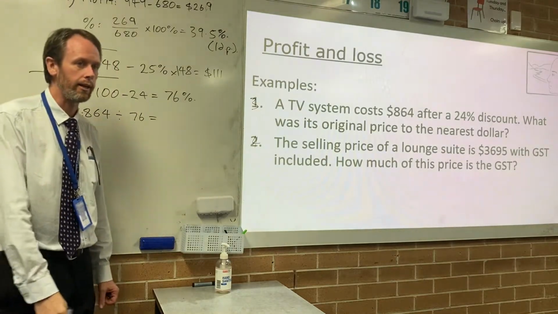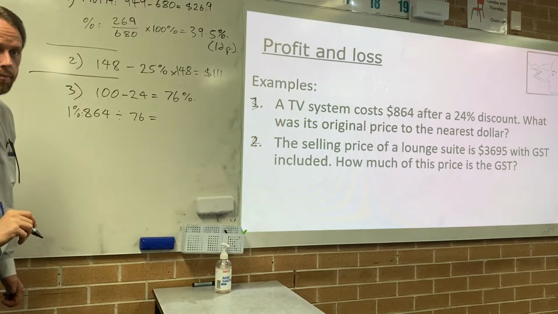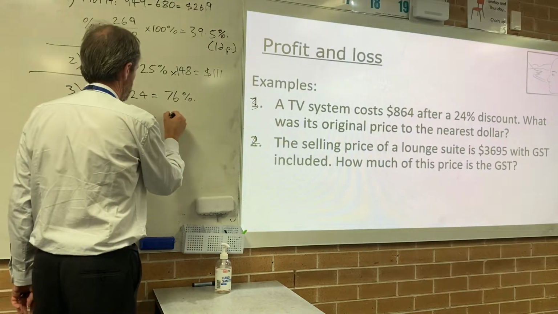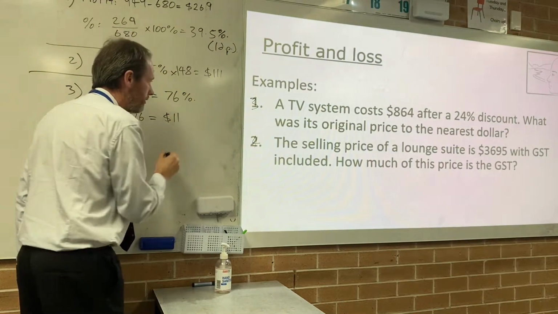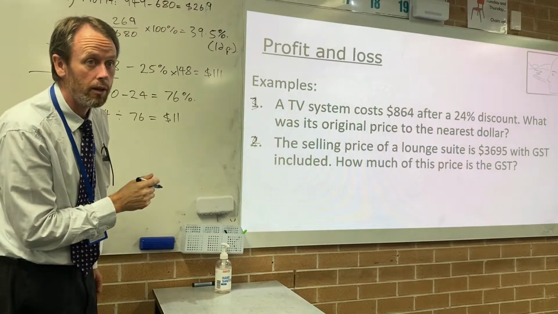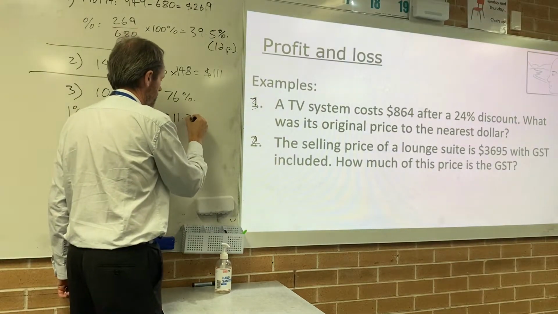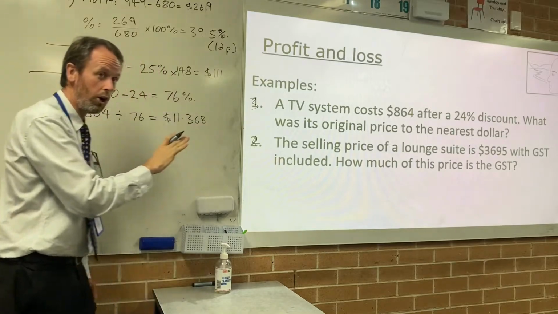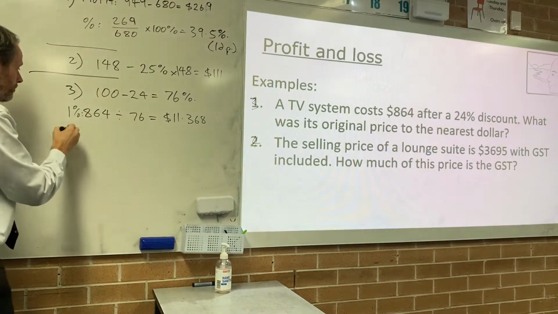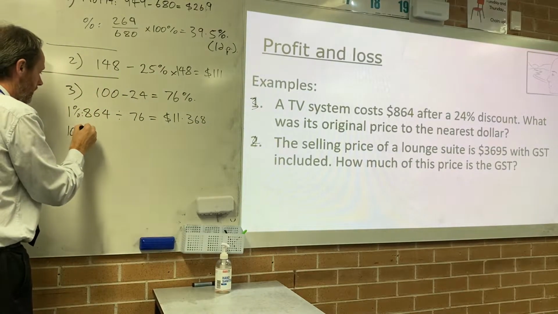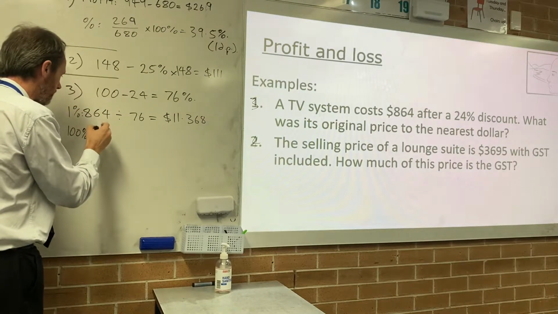So someone with their calculator, yep. 11.368. I like to just leave it as the whole number if I can for now, because when I multiply it might make a difference. And when you're doing it in your calculator, you probably will.